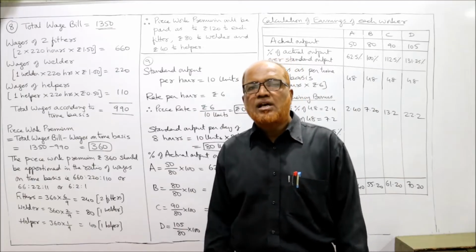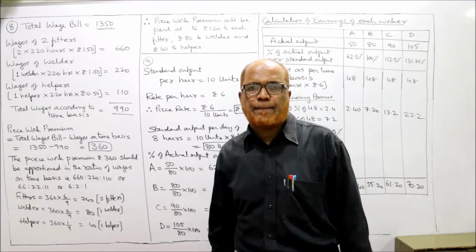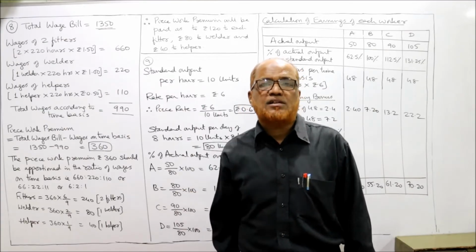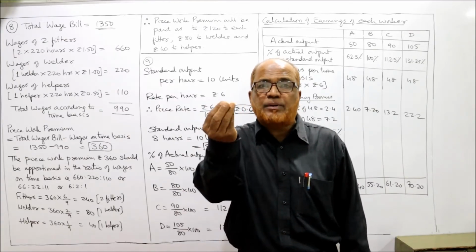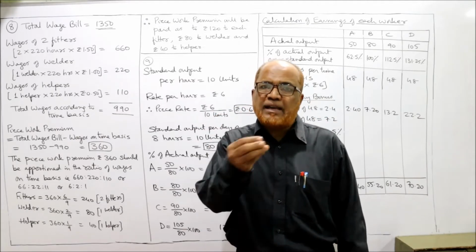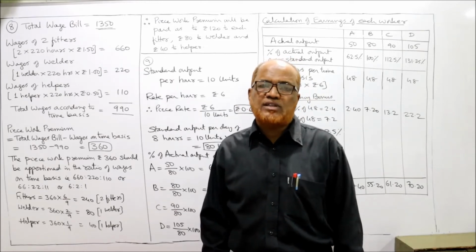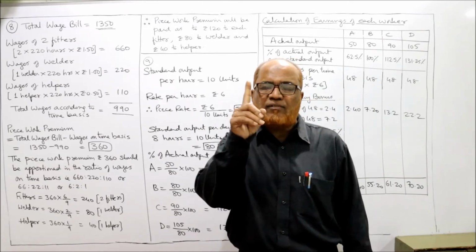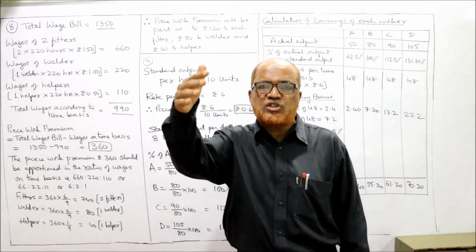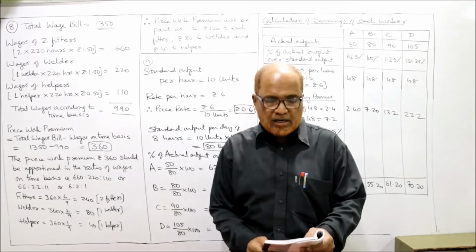Suppose a worker has produced 105%. How much extra percent? 5% extra. So we add 5% to the bonus also. We are already paying 15% and will pay 5% more, so 20% of wages will be the bonus. So for every 1% increase in efficiency beyond 100%, the bonus will also increase by 1%.